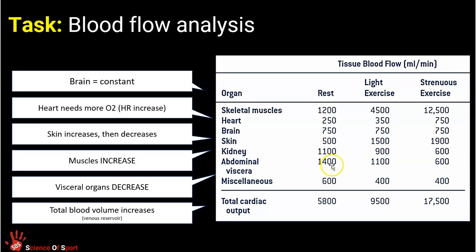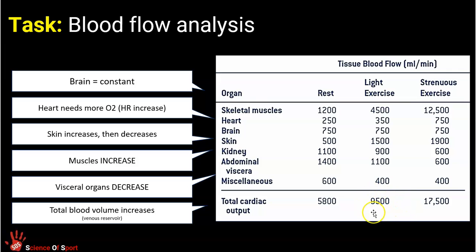And actually quite a lot goes to the abdominal organs at rest, because they are key organs for us. So at rest, most blood goes to the abdominal organs, some goes to the skeletal, not much goes to the skin, and a little, the necessary amount goes to the brain and the heart.